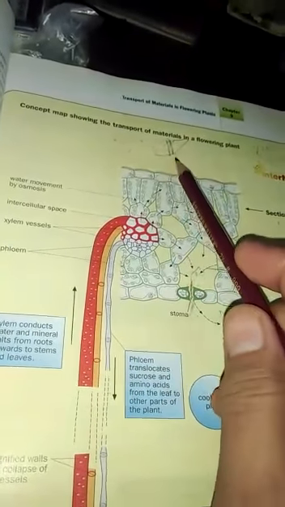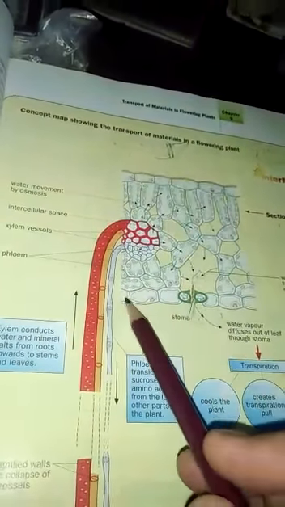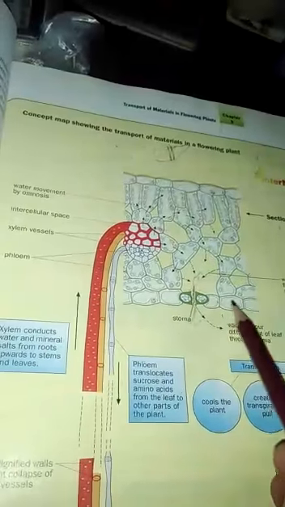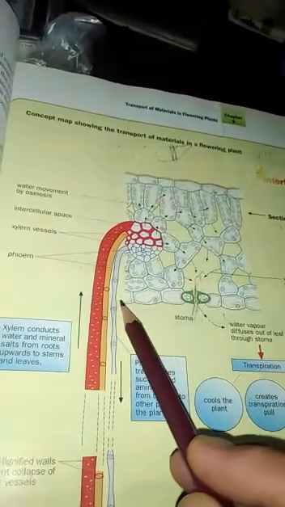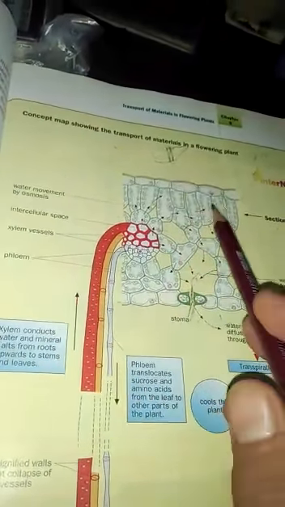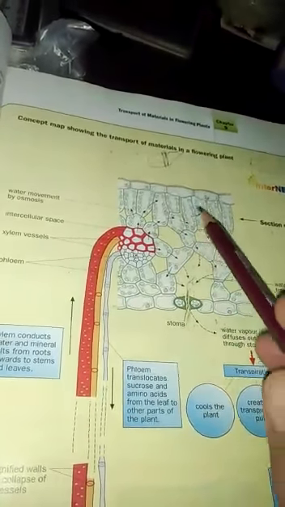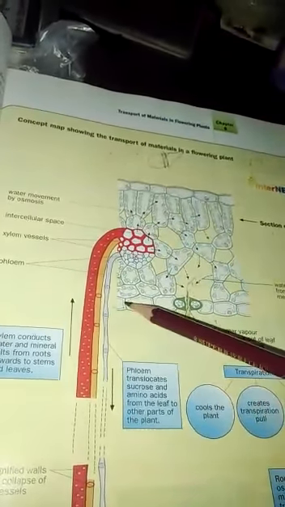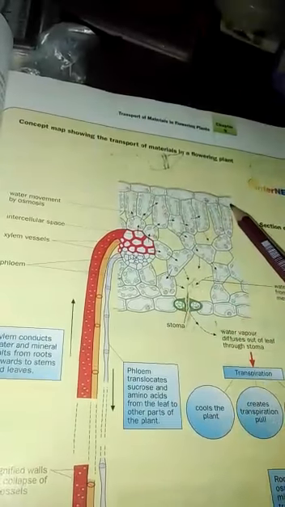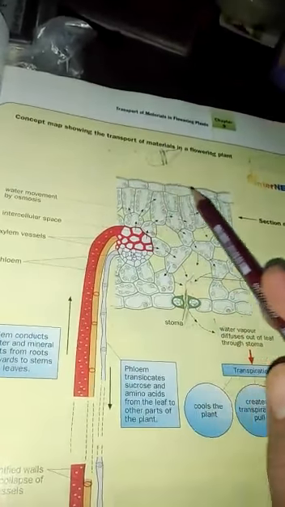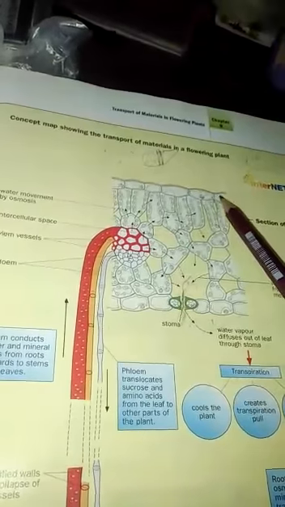Under this, the lower epidermis also contains the same types of cell. Upper epidermis and lower epidermis are called dermal tissue because they contain the same types of cell having the same function.